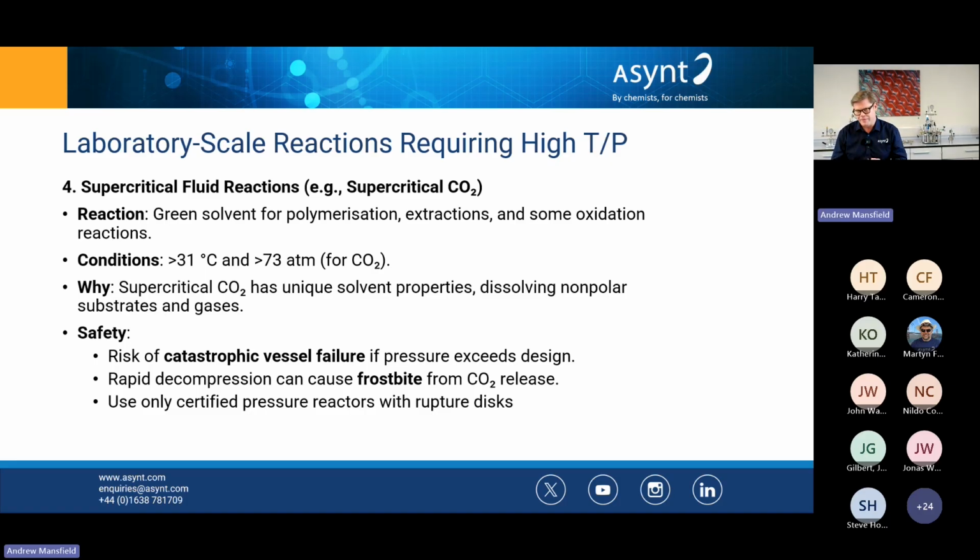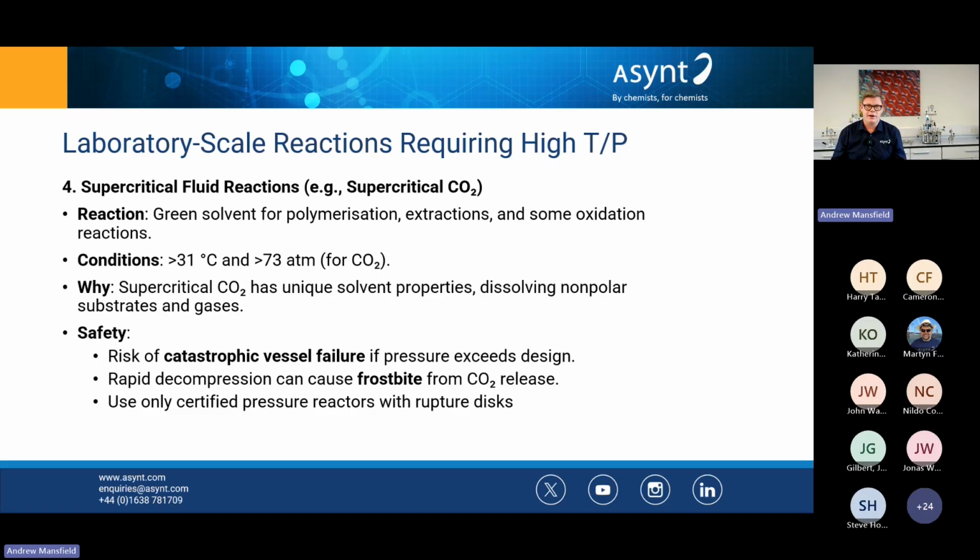When we're working with pressurized gases, we need to think about the hazard of a catastrophic vessel failure. That would mean the evacuation of high pressure gases. So we need to think about the expulsion with some kind of breach in our reactor, but also that rapid decompression, especially if we're using things like carbon dioxide, can give frostbite.